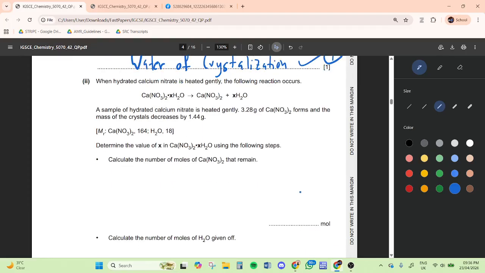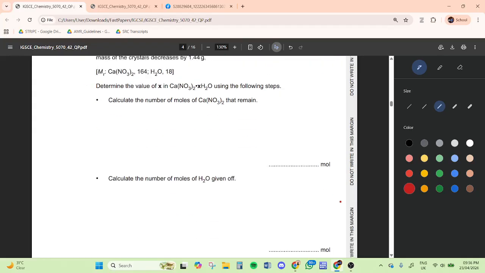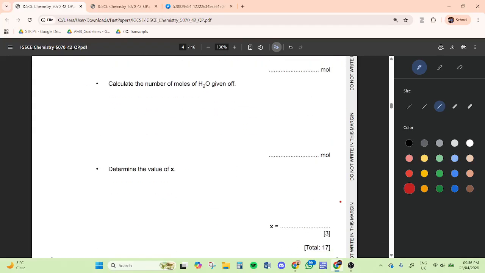All right. So whenever IGCSE or CIE give these types of questions where you're asked to find out the molar mass or find moles, they usually do it step by step. This is so that you're less likely to make a mistake. Or let's say you do make a mistake, it's easier to recover from it because you're not penalized for messing up somewhere in between.